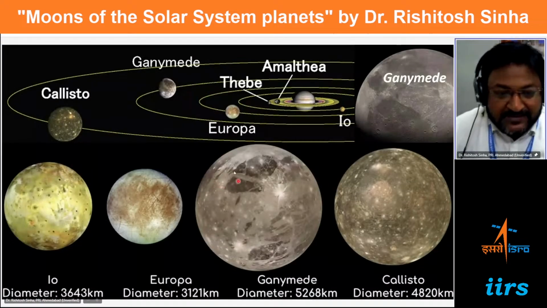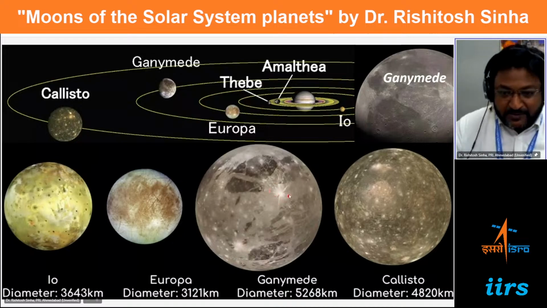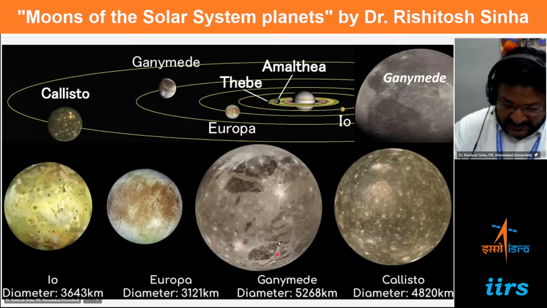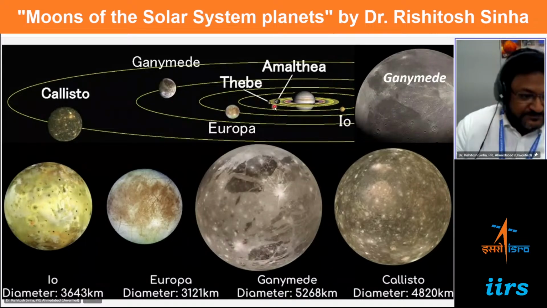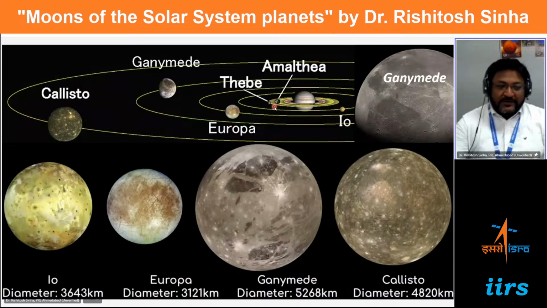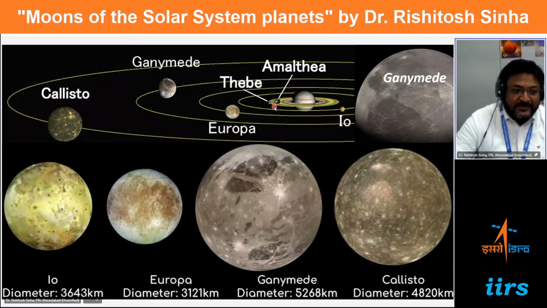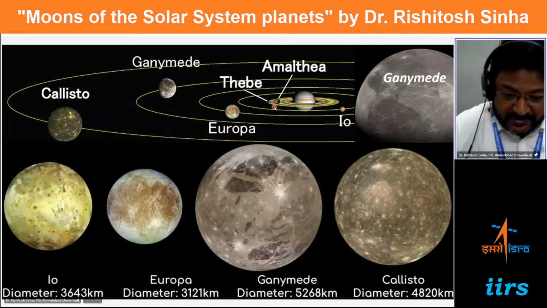So among the other moons around Jupiter, Ganymede is another moon, which is next to Europa. And as we know, it is the largest moon that we know, and it is defined to be home to the largest ocean water.